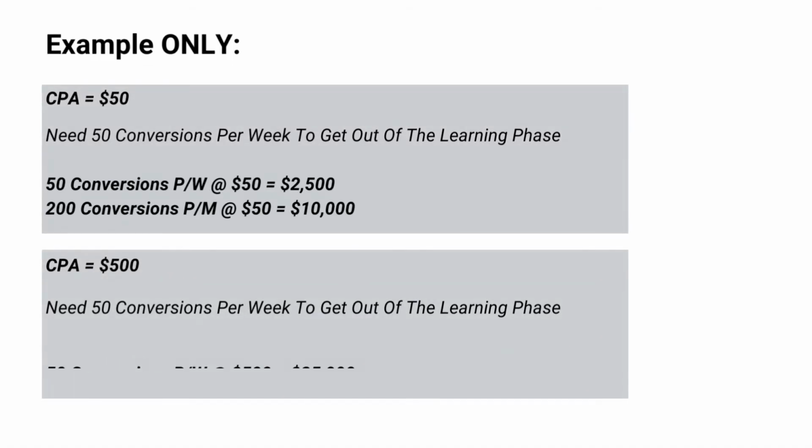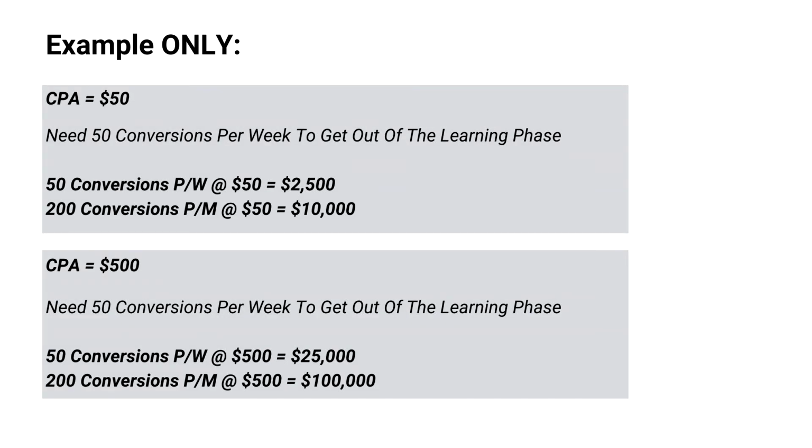So let's say your CPA or your break-even point is $50, which basically means for every sale at $50, you break even on your ad spend. And to stay out of the learning phase, you would need 50 conversions per week. So for this example, that would be 50 $50 conversions, which makes it $2,500 per week, or $10,000 a month that you would need to spend and make in sales.